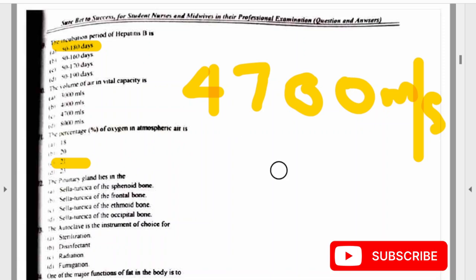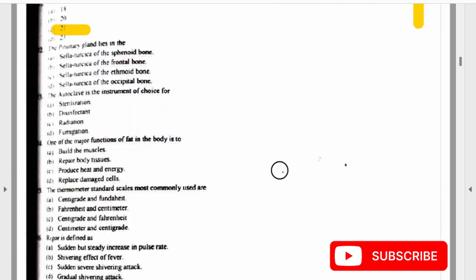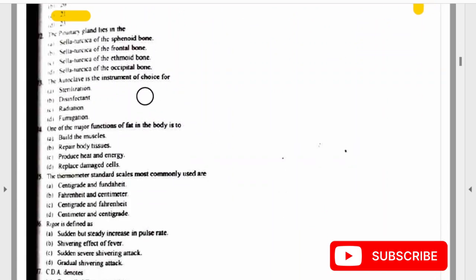All right, let's go. The pituitary gland lies in the place. Who can tell me the answer to this? 72. Is it A, B, C, or D? You need a very good knowledge of anatomy to know its gross anatomy in specific. So the answer should be, let's see. Yeah, it should be A, the sella turcica of the sphenoid bone.